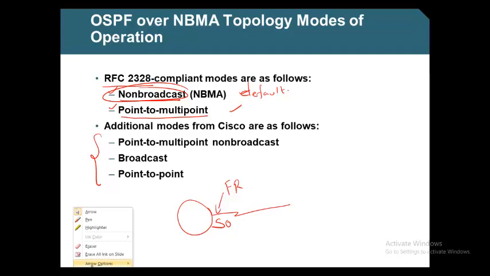But non-broadcast network type will select a DR and BDR. So what do you understand from this? When we don't have full mesh frame relay, we need to switch to the next mode, where there will not be DR-BDR.